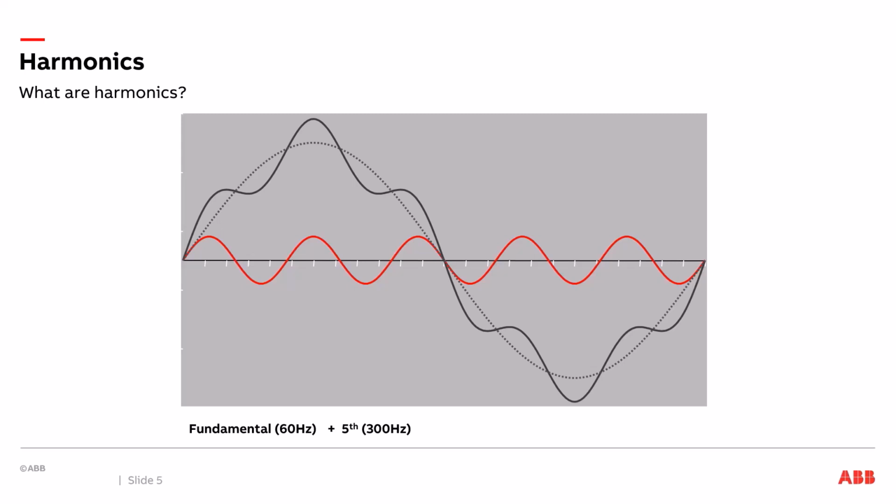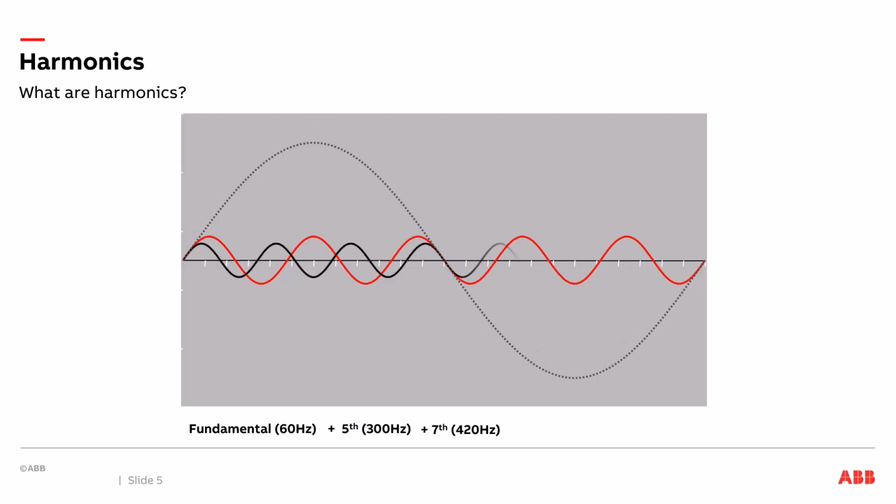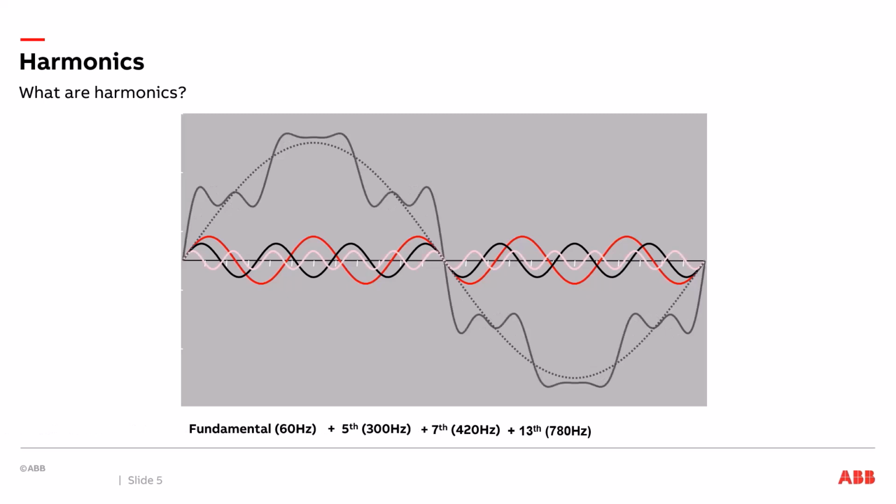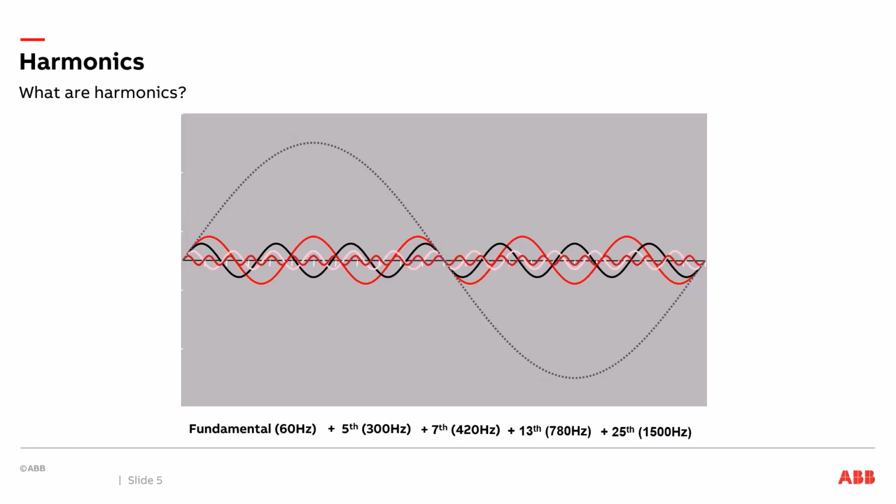This waveform is repetitive, therefore it's two frequencies, 60 Hz plus 300 Hz, the fifth harmonic. So if we add the seventh harmonic, which is 420 Hz, you can see that the waveform has been altered a little bit more. We can continue on with it by adding the 13th harmonic, 780 Hz, and the 25th harmonic of 1500 Hz. Now we have a repetitive waveform that is no longer a sine wave, and it contains multiple harmonic frequencies.